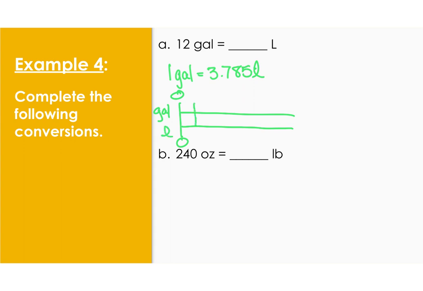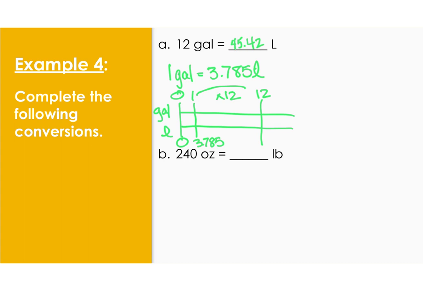So at 1, I have 1 gallon is 3.785. And if I want to get to 12 gallons, I multiply by 12. So that means I'm going to take the 3.785 and multiply by 12 as well. And that is 45.42.